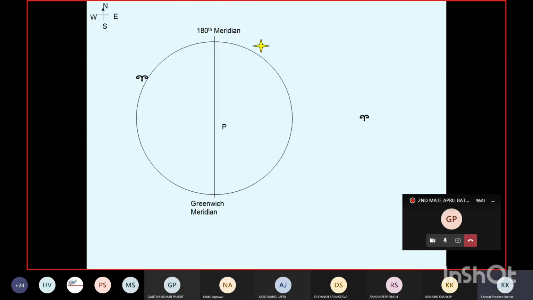Will I see something like this? The pole in the center and the circle of the earth like this, a plan view. Some of you might have done engineering drawing. Plan view is what you see from the top. The radar screen also uses a plan view, the plan position indicator.